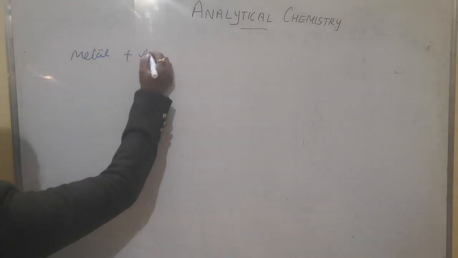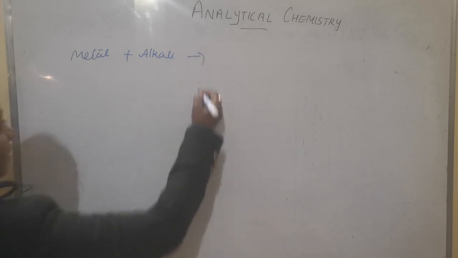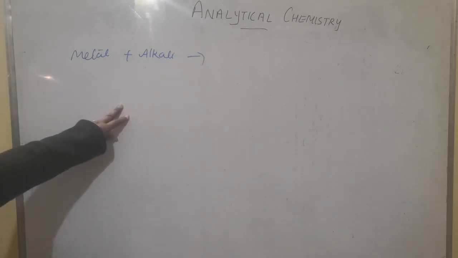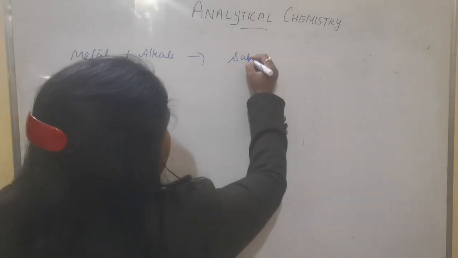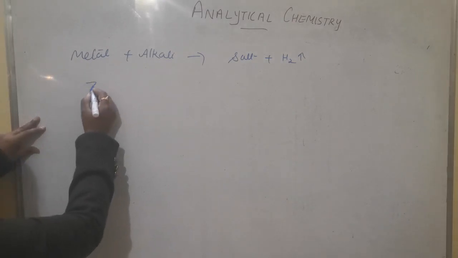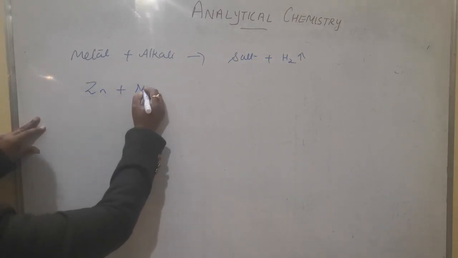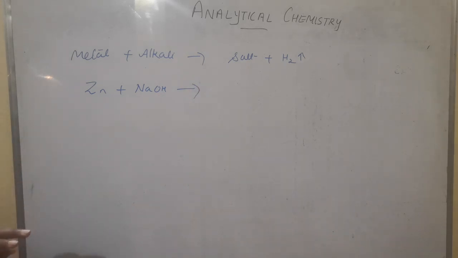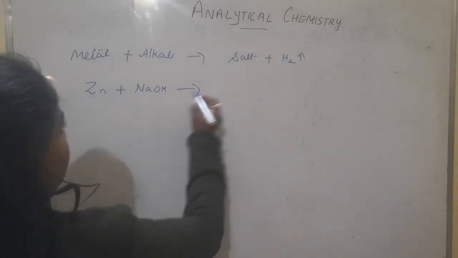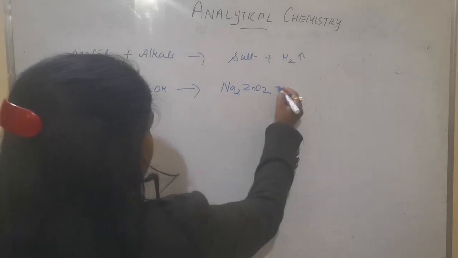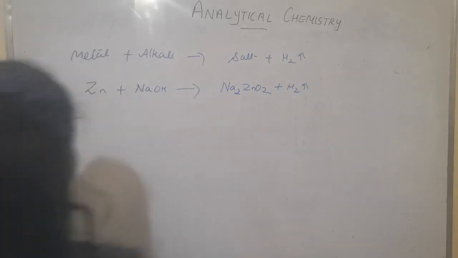Metal plus alkali, you will get salt plus hydrogen gas. Suppose you take zinc, alkali is NaOH. This is sodium zincate and hydrogen gas.